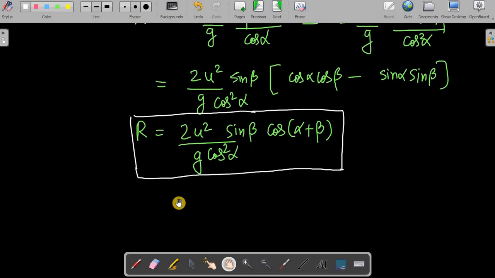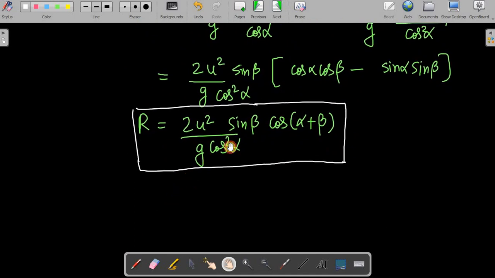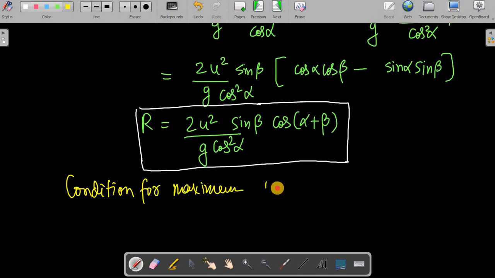Okay, so for maximum range you can differentiate. Let's say theta is constant and you are changing only beta. So what is the condition for maximum range?